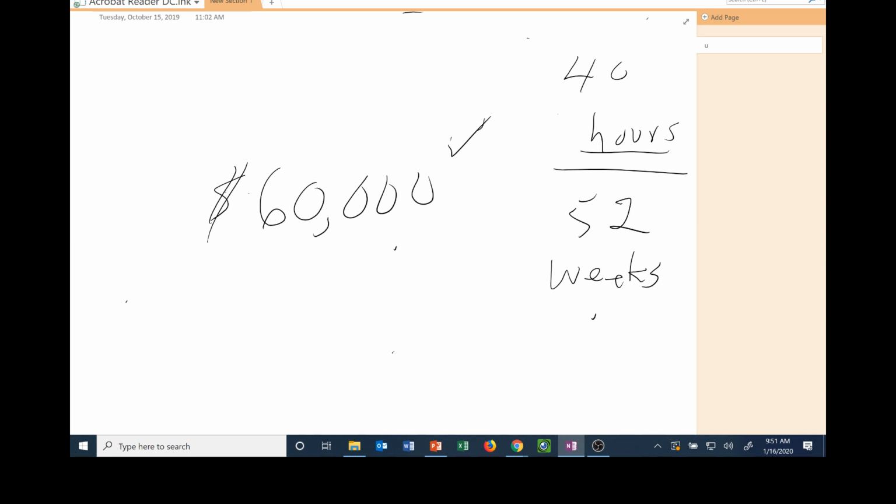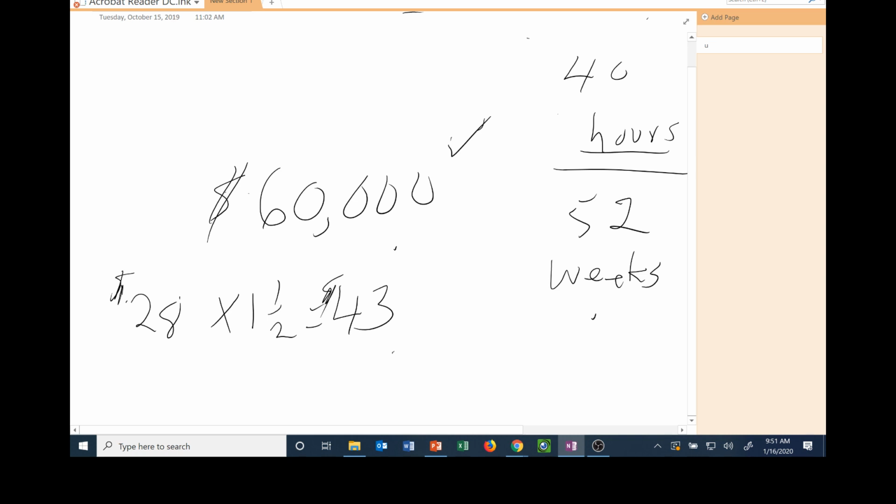I want how much you get per hour, then multiply that by 1.5 and get the overtime rate. Per hour is it 28? Yes, 28. And then you multiply that times 1.5 and got what? 43.